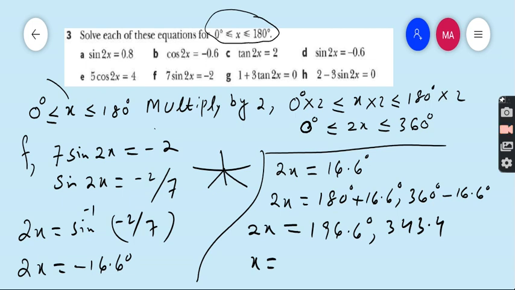Now divide both values by 2. 196.6 divided by 2 is 98.3, and 343.4 divided by 2 is 171.7.